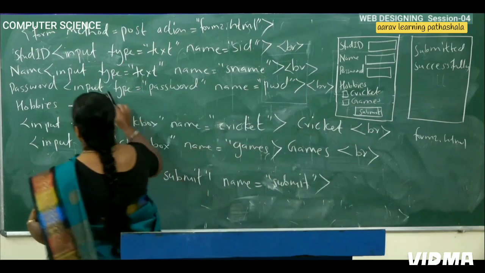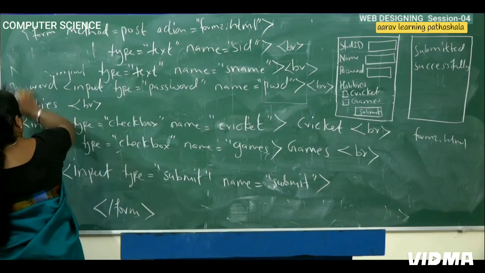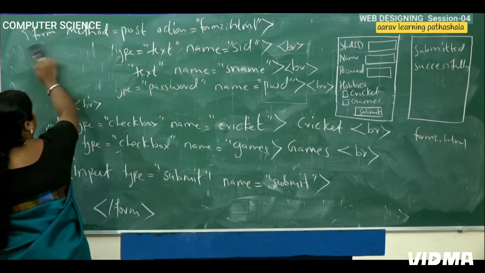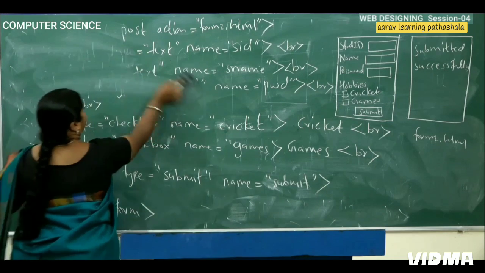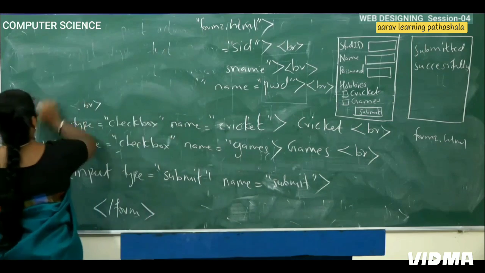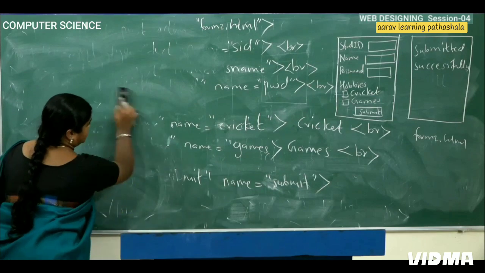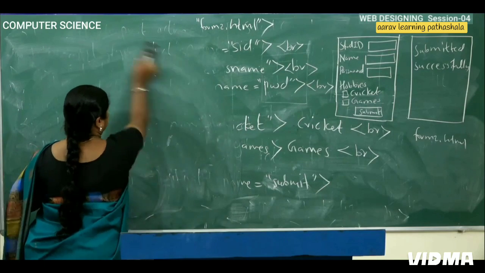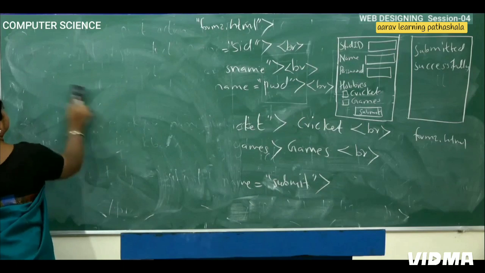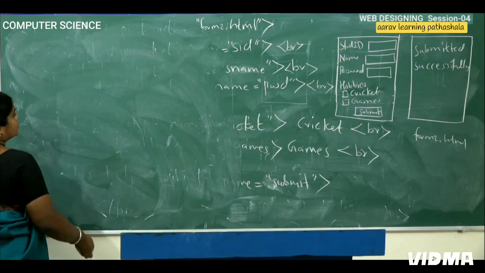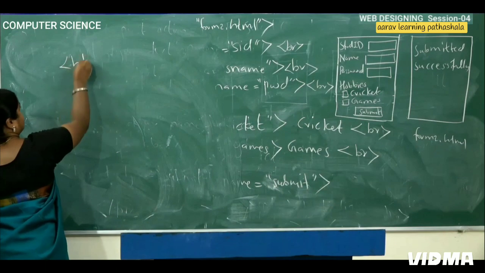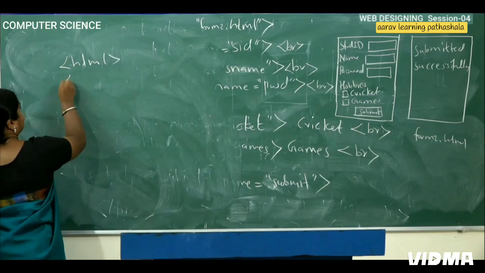So in this particular form, when you click on submit button, it should display as successfully created or created successfully, or any kind of message that the data is submitted properly. So it can be any HTML form.